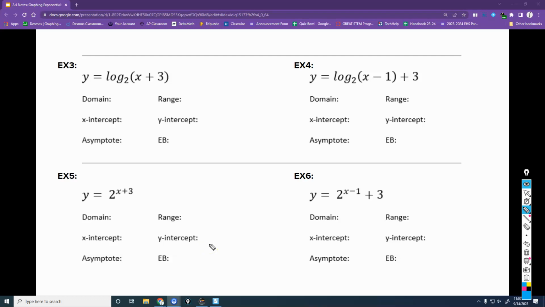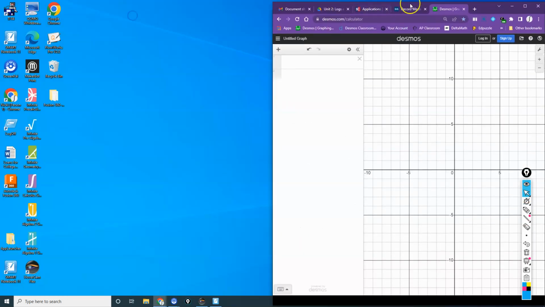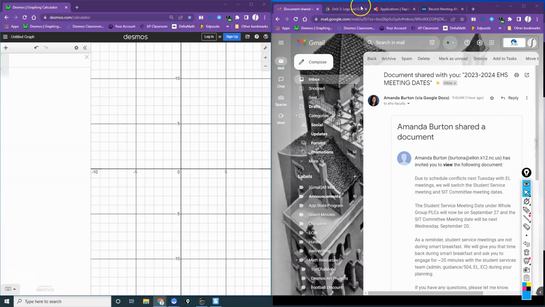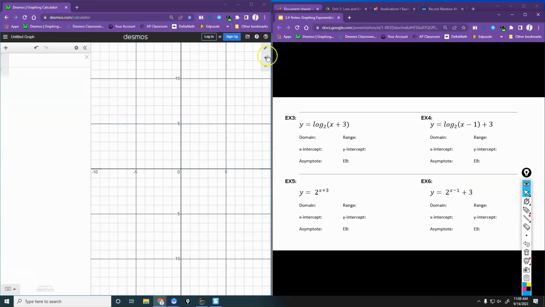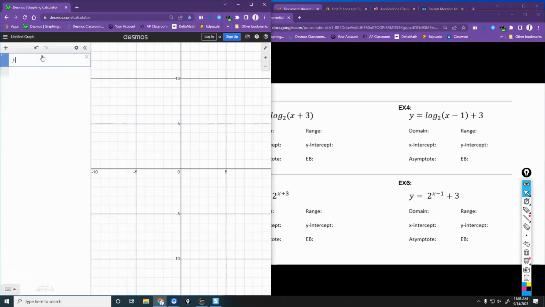All right, let's see what you guys came up with. First one, log y equals log base 2 of x plus 3.